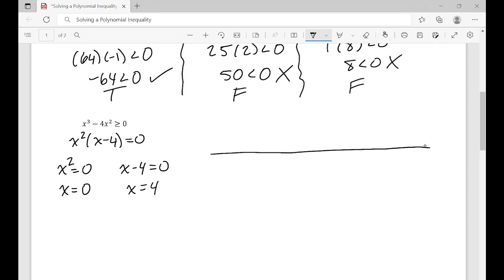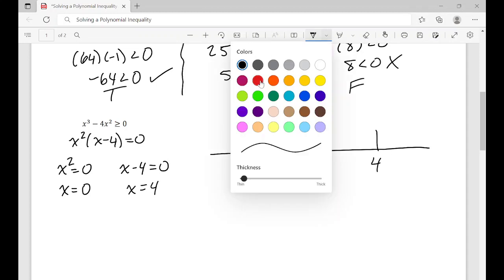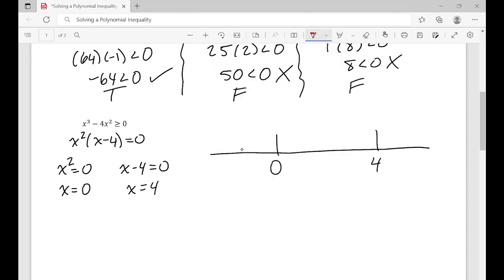I'm going to make myself a sign graph with 0 and 4, and I'm going to find some test points, which I'm going to say are negative 1, positive 1, and 5.